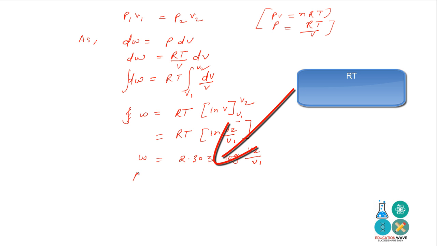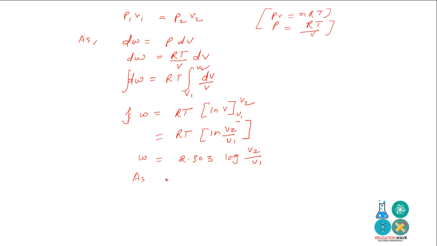As we know that P1 V1 is equal to P2 V2, V2 upon V1 is equal to P1 upon P2.